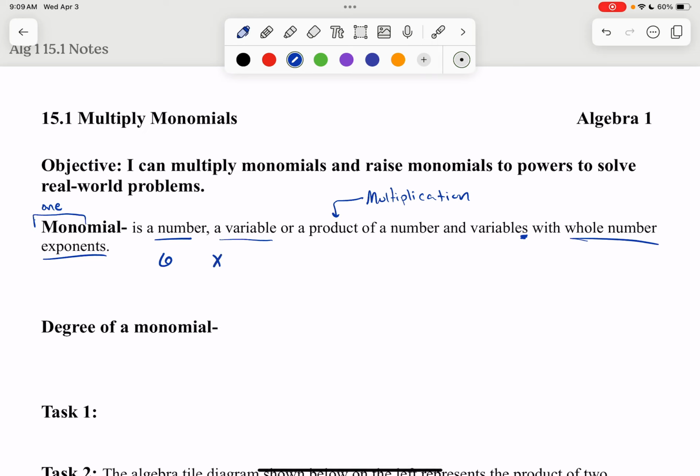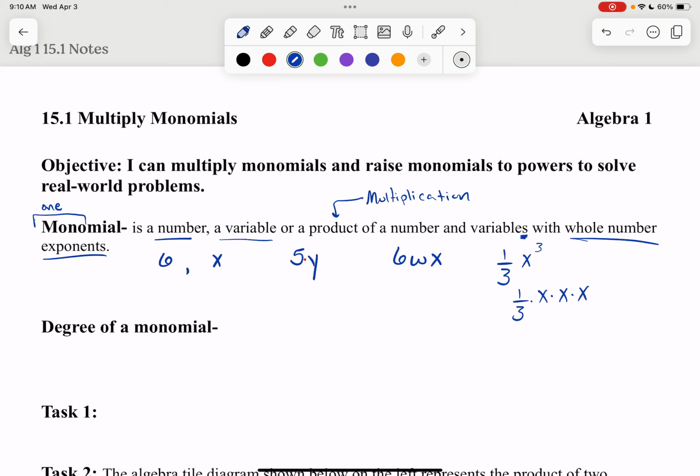x would be a monomial because it's just a variable, so 6, x. 5y is a monomial because it's the multiplication of 5 and y. 6wx is a monomial because it's the multiplication of numbers and variables. 1/3 x to the third is a monomial because it is 1/3 times x times x times x, because that's what x to the third means.